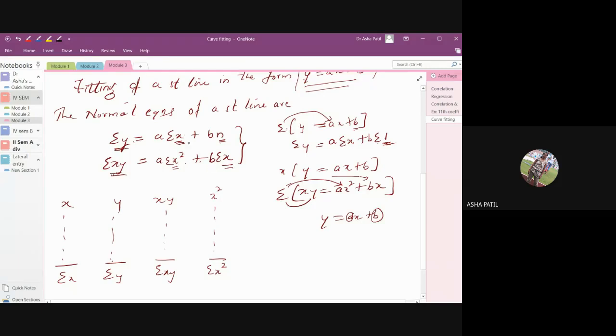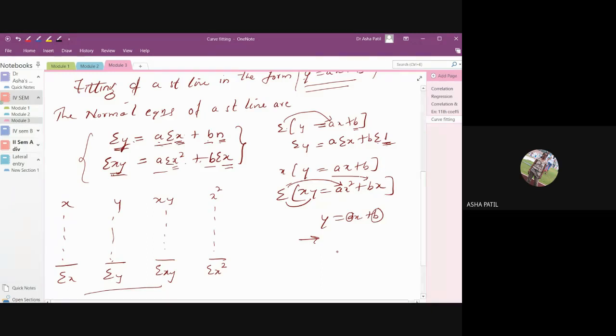What are we left with? When you substitute all these values in the normal equations, you are left with two simultaneous equations in a and b that can be solved on your calculator. Once you know the values of a and b, you can substitute and write the equation of the straight line. So this is the procedure for fitting a straight line in the least squares method.